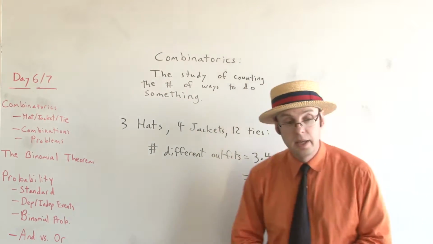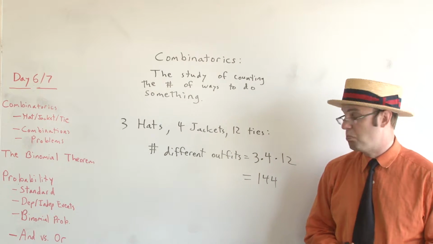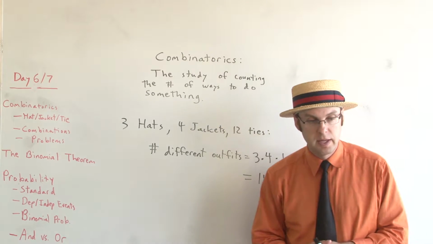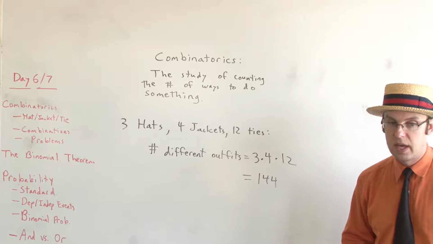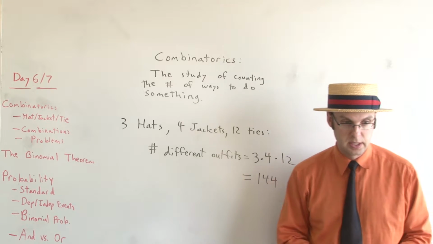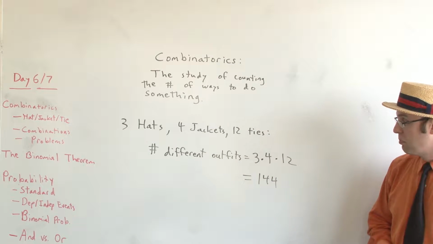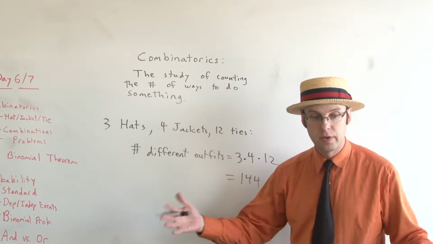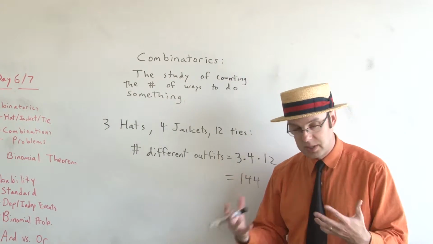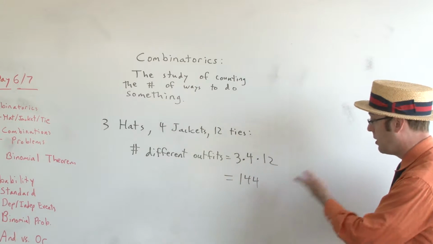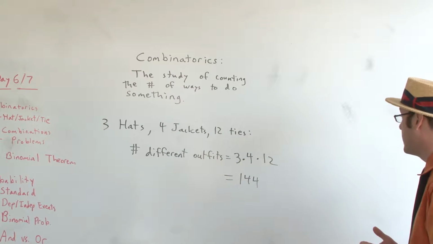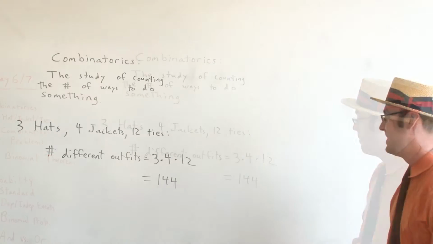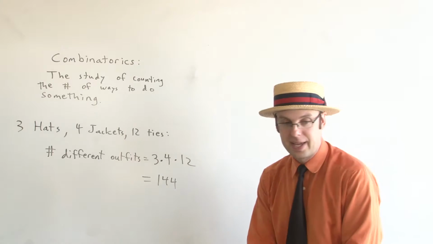On the SAT and the ACT, I would say 60% of the time, the combinatorics question that you get is some variation upon this. And that's really all there is to say about it. If you're presented with several different choices for how to put something together, you just multiply all of your choices together, and that gives you the overall number of possibilities. This is the easy case, and we like it.